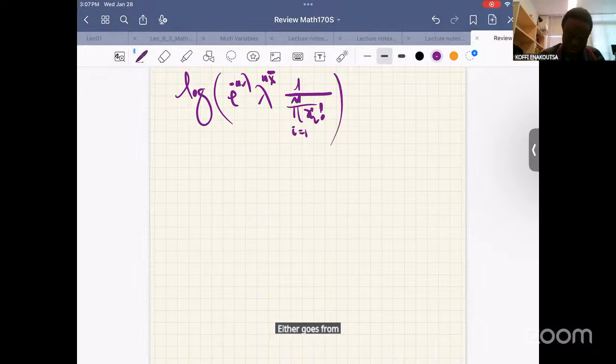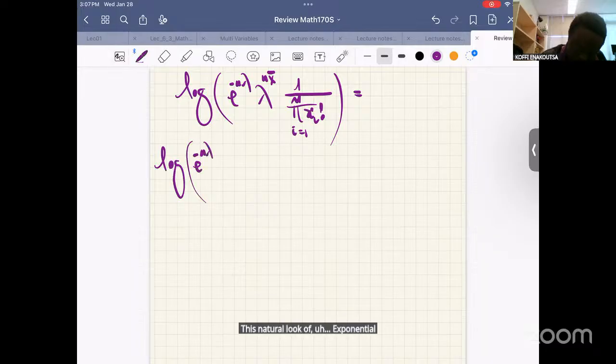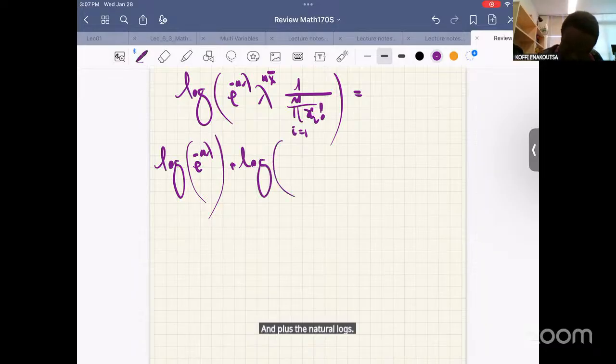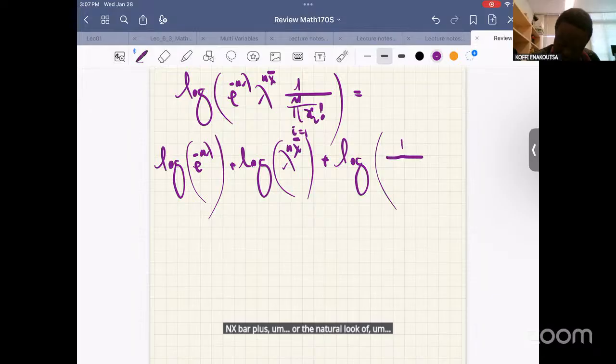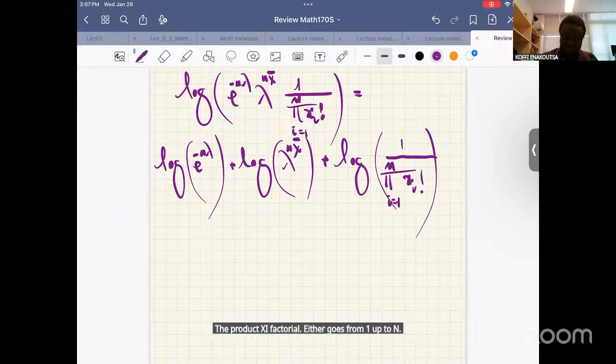Applying the logarithm rule, the product becomes a sum: natural log of exponential of minus n lambda, plus the natural log of lambda raised to the power n x bar, plus the natural log of 1 divided by the product of xi factorial, i from 1 up to n.